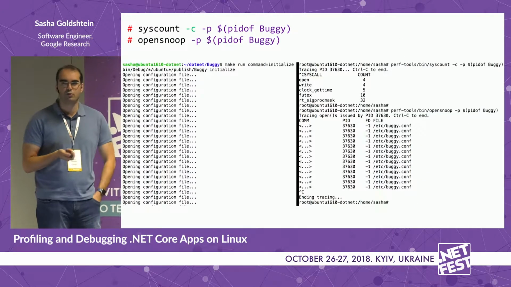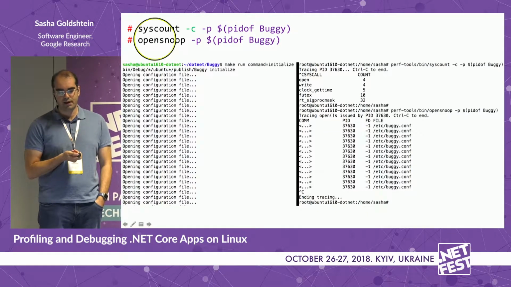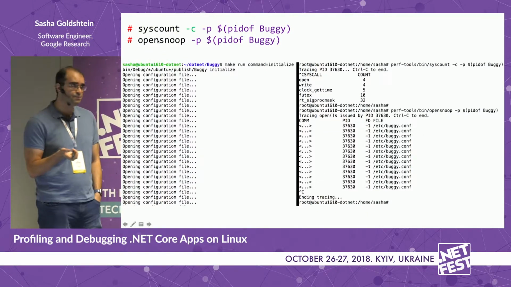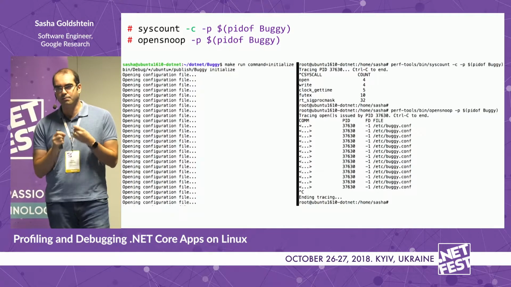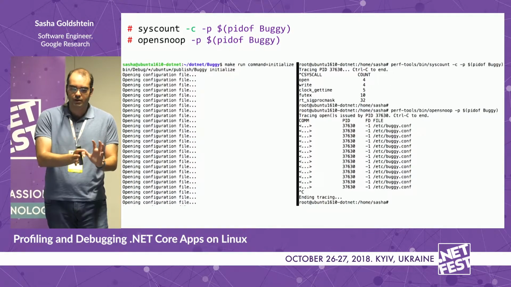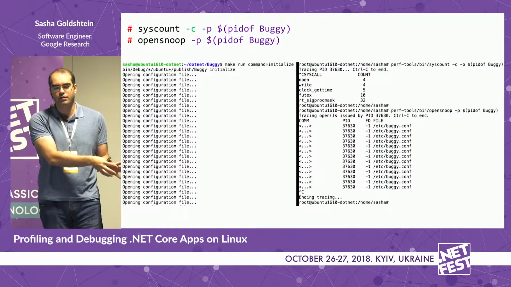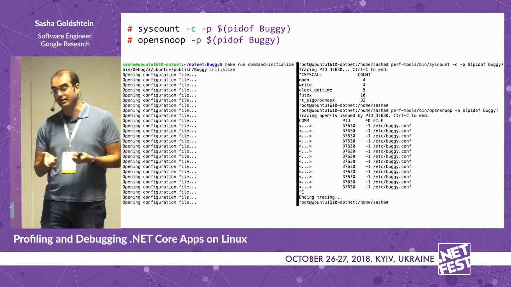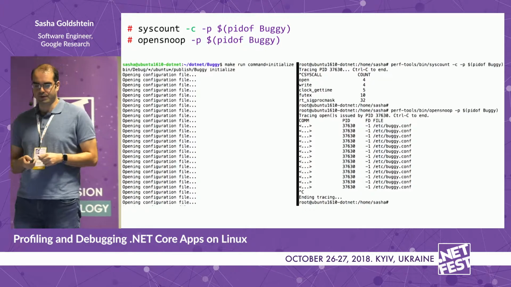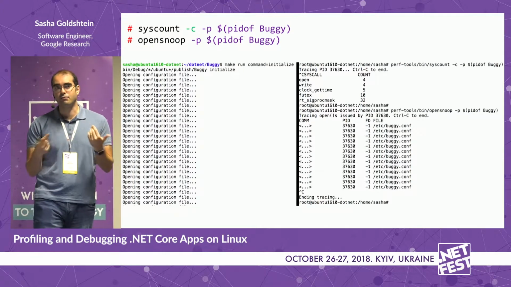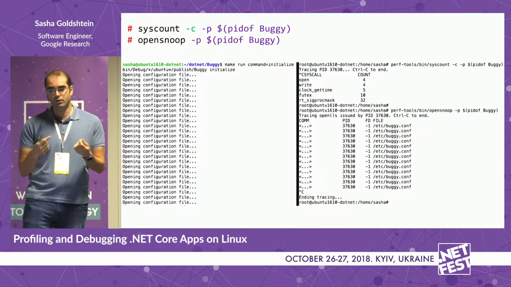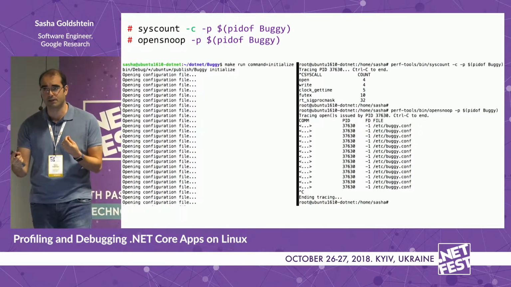So these are two tools called syscount and opensnoop, just as examples. These tools highlight why it's important to do a lot of work close to the source in the kernel instead of going through files. The first tool, this syscount tool, is a tool that looks at all the system calls your process is making, all the interactions with the operating system.